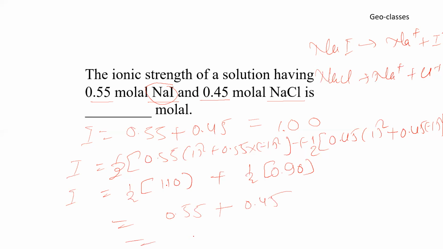So here again the answer is 1.00. If it is given up to 2 decimal places, otherwise you can simply write 1, or there is no issue in writing 1 plus. Is it clear? Any issues in this? Shall we move on to the next question?